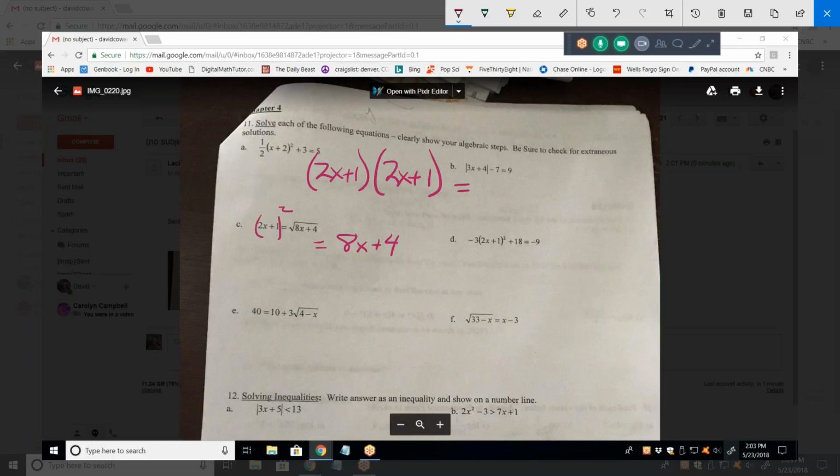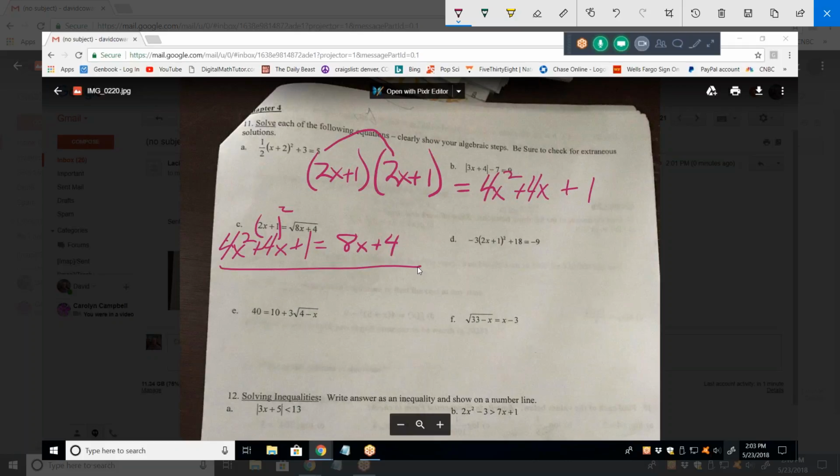What's the first term going to be? This times that. 4x squared? What's the second term going to be? 2x? What's the third term going to be? 2x? Both of those add to 4x. And what's the last term going to be? 2. It's 1 times 1. Oh, 1. Oh my. Okay. So that's what the left side is. 4x squared plus 4x plus 1.